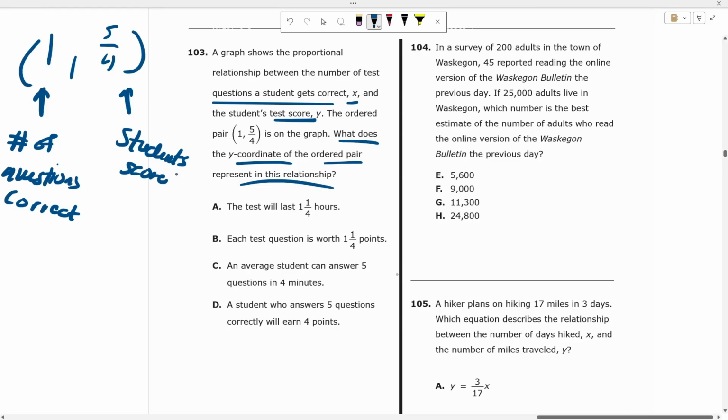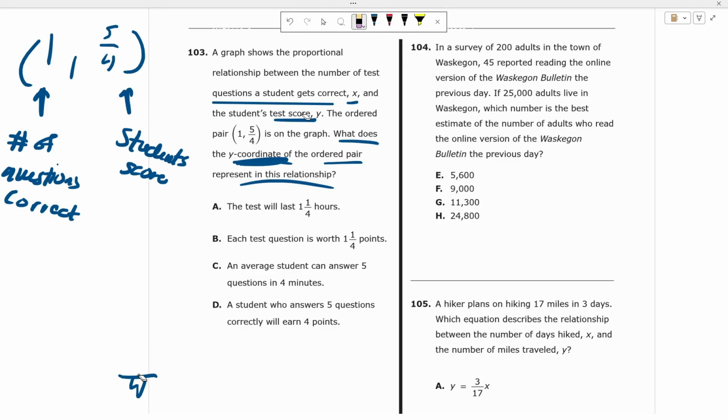So the y coordinate of the ordered pair shows the student's score if he gets that 1 question right. His score is going to increase by 5 over 4 points, okay? Which means that if he got 2 questions right, then we'd have 10 over 4 points. And 3 questions right, he'd get 15 over 4 points.